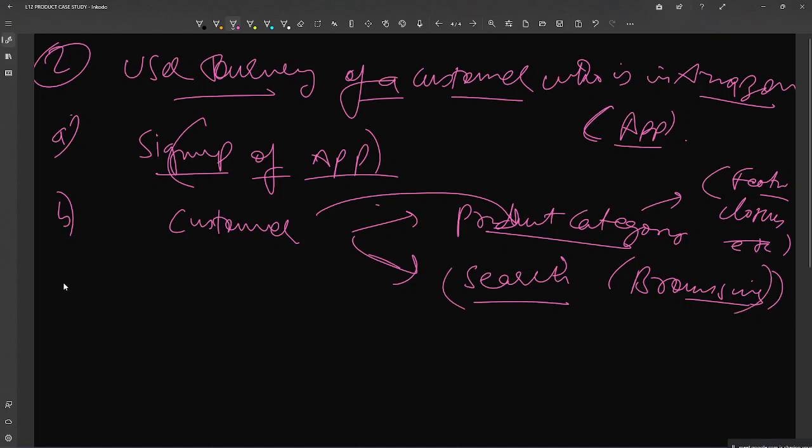That's it. Does it make sense? So then what will you do? What will be the next step?